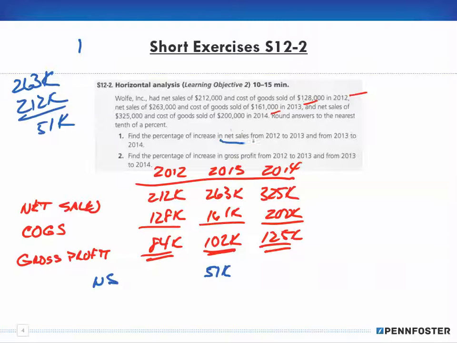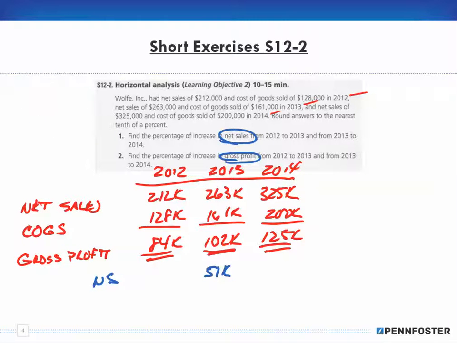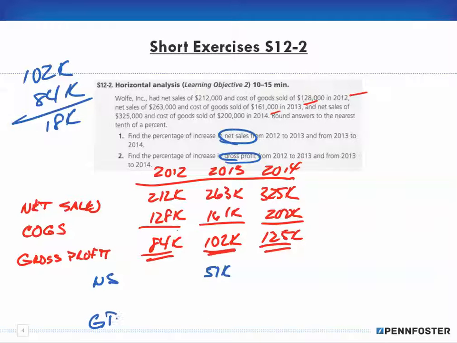It says net sales and gross profit, so I don't have to do cost of goods sold. I could if I wanted to, and you could if you want to, but it's just a lot of extra math here. So I have 102 less 84, which gives me 18. So my gross profit increase is 18,000.